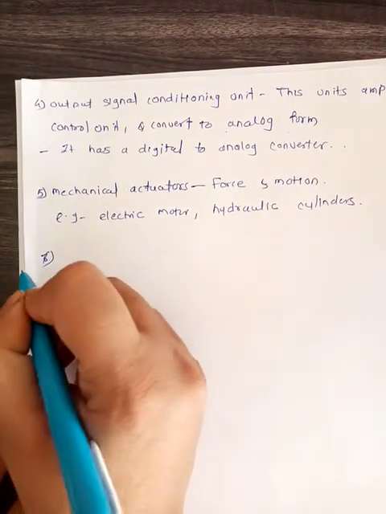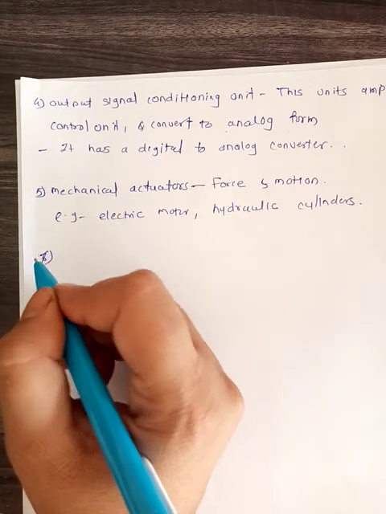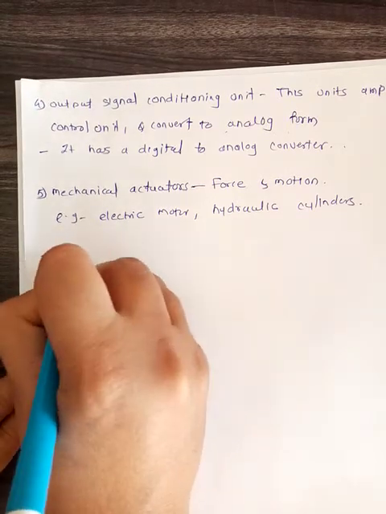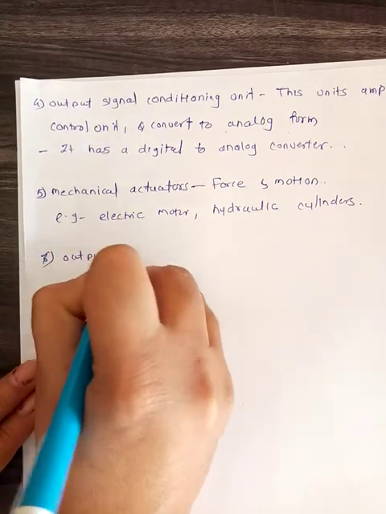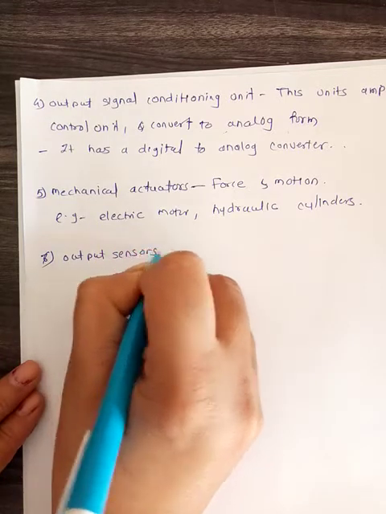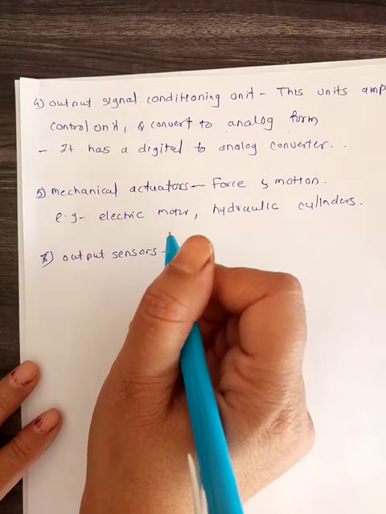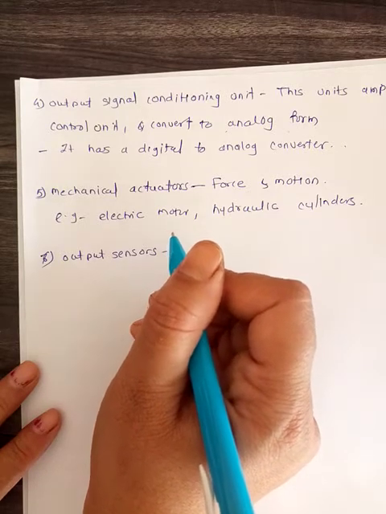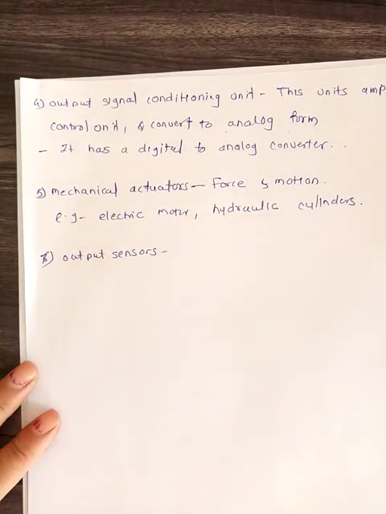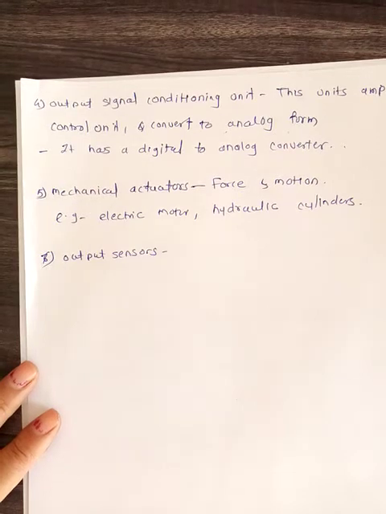And last will be the output sensor. The motion, force, speed, etc. of the actuator are sensed by the sensor, transducer, and feedback signals are generated by the sensor.